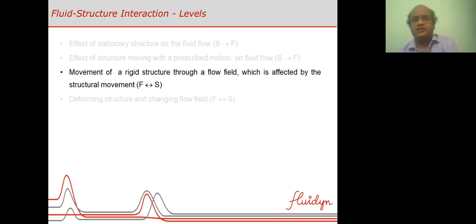Here, the structure is still rigid, it doesn't deform, but as it moves through the flow field, it changes the flow field. Maybe it increases the pressure of the fluid. Then that increased pressure will exert a different force on the structure. So this is a two-way coupling. The structural movement affects the fluid flow field, and the affected flow field affects the structure again.